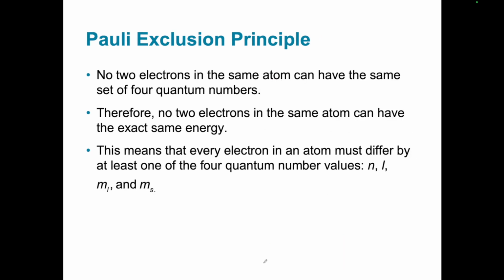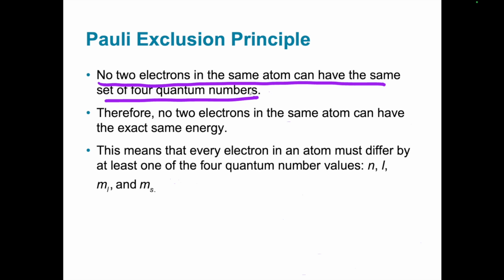So all these rules I've been saying as we go through this are the different rules for correctly filling up orbital diagrams, and they all come from actual rules. One of them is the Pauli exclusion rule, which says no 2 electrons in the same atom can have the same set of 4 quantum numbers.